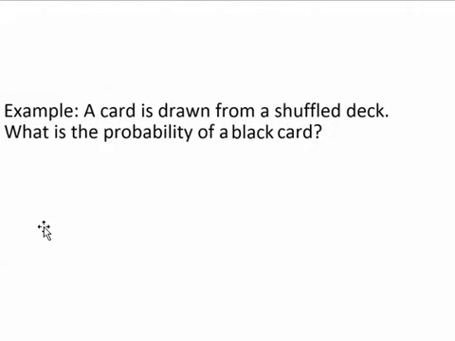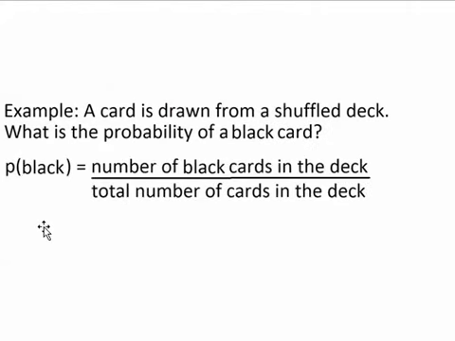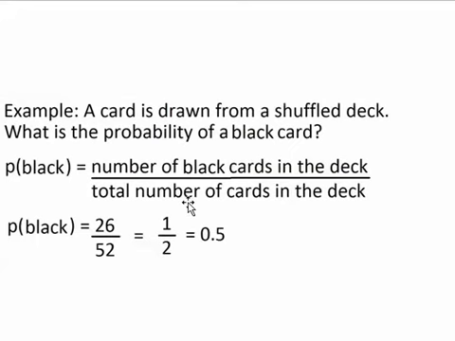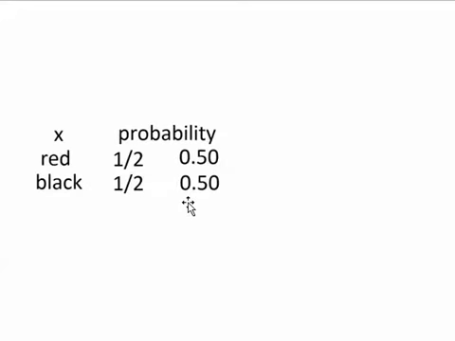What about the probability of a black card? Well, there's 26 black cards out of 52 total cards, so the answer is 26 over 52, which reduces to 1/2, and then 1 divided by 2 is 0.5. That's our answer. So actually, red and black each have a probability of 1/2, just like how heads and tails both had a probability of 1/2.